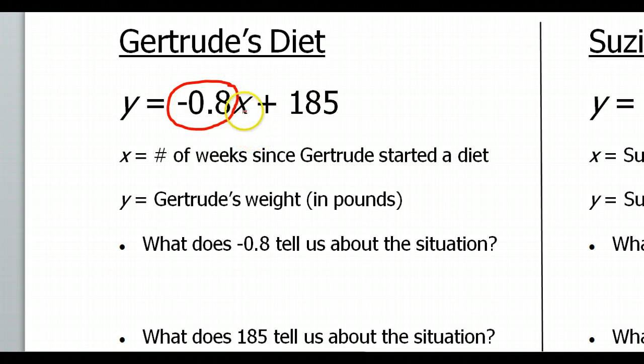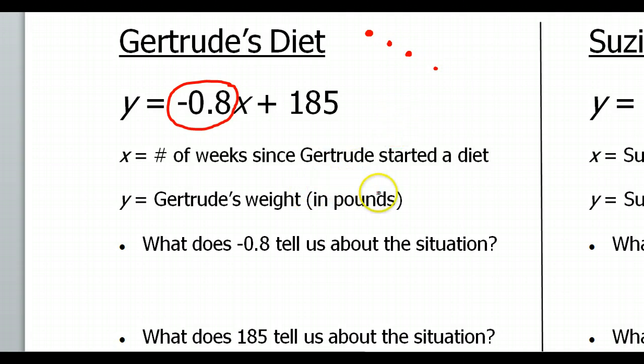Remember, x is the number of weeks that have gone by. So every week is going to multiply by this number. For example, if 1 week goes by, then we've got a negative 0.8, so that means we're going down 0.8. If 2 weeks go by, that's another negative 0.8, and so on, starting from some value and then going down 0.8, down 0.8, down 0.8.